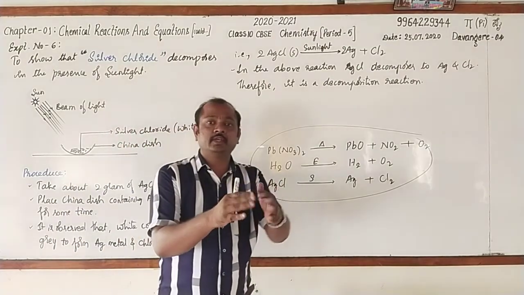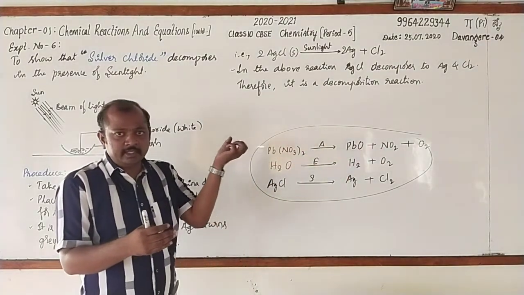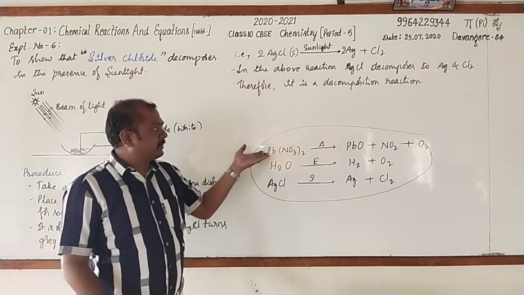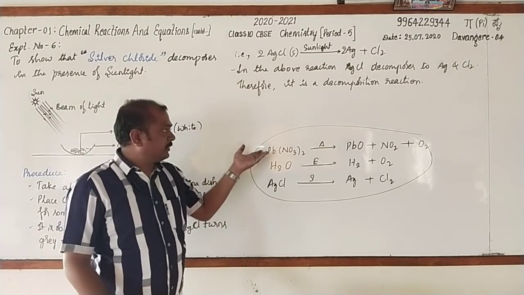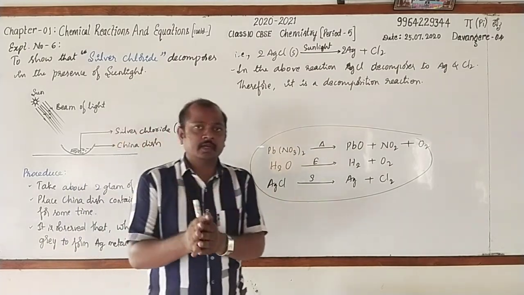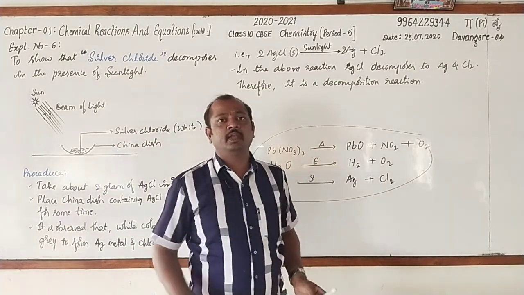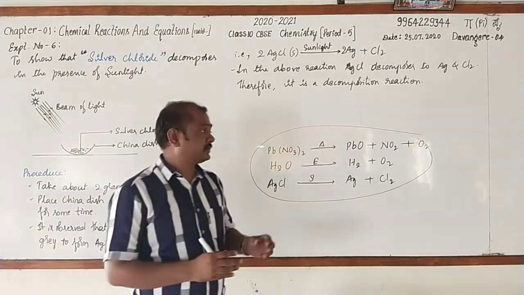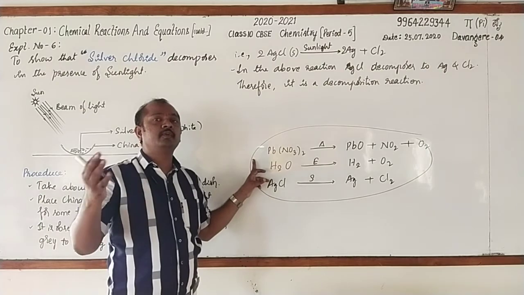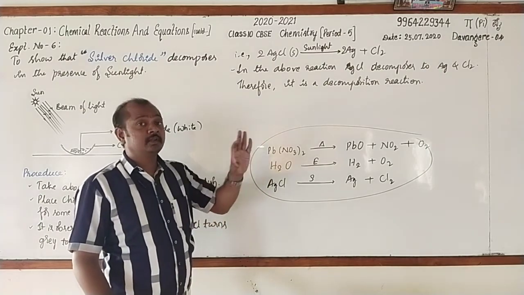Then thermo, it is heat. So heat is absorbed. That is why these are also examples for endothermic reactions, particularly when the heat is used. So regarding the endothermic reaction as well as the types of decomposition reaction, we can get more information about these in the next class.